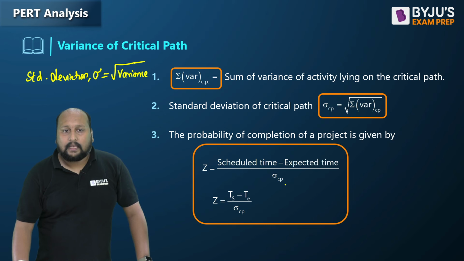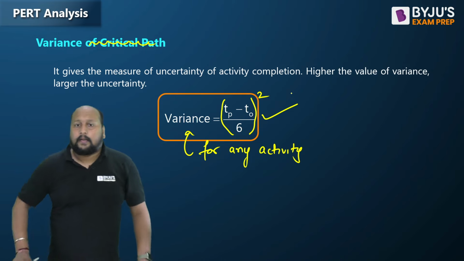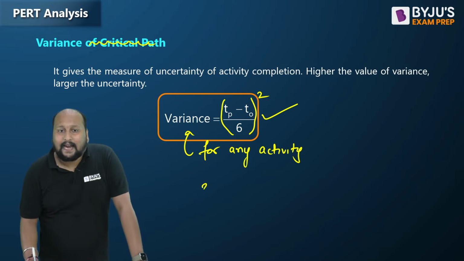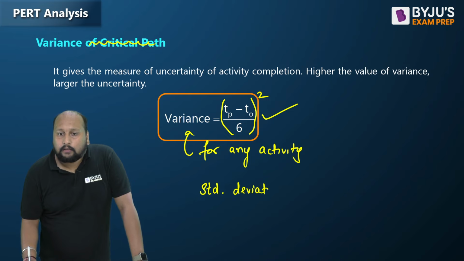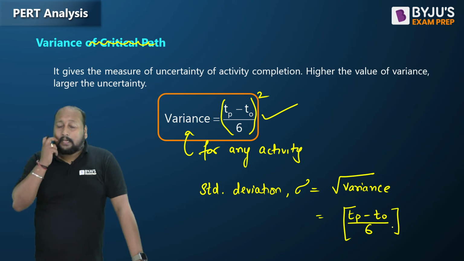Strictly, (TP minus TO) divided by 6 is not the variance; the variance is the square of that, (TP minus TO) divided by 6, whole squared. And the standard deviation is the root of variance, which is TP minus TO divided by 6.